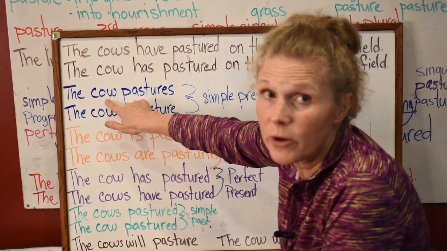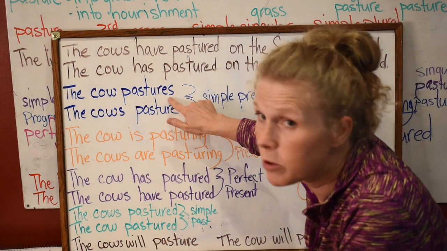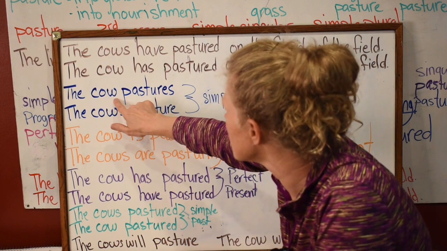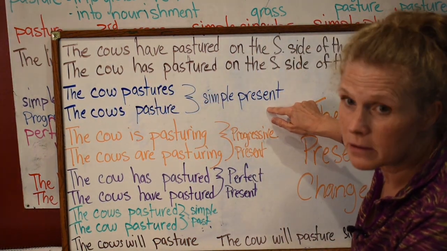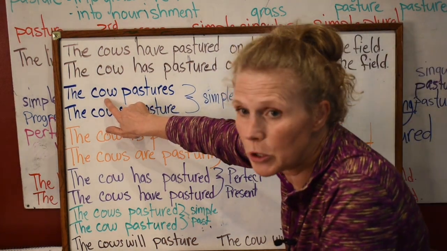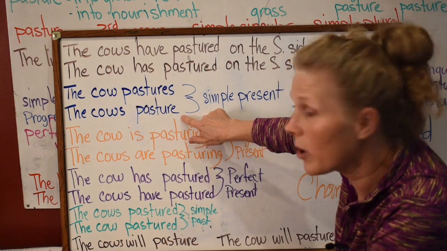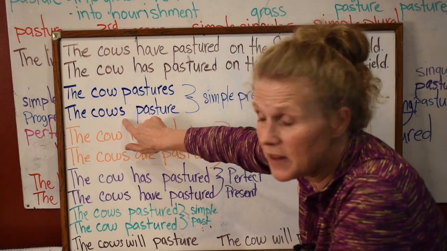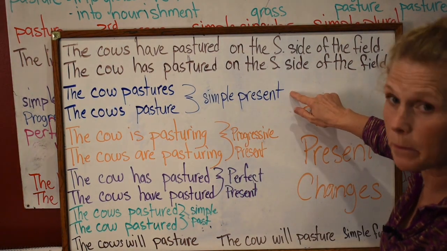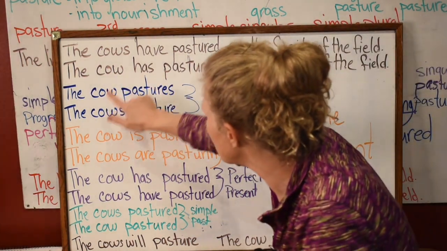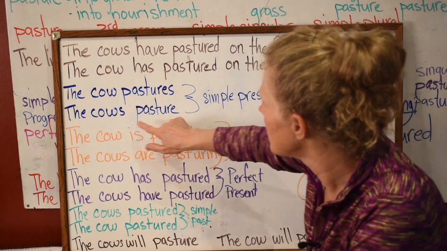We have singular to singular, and it looks like the plural s, but it's singular, because this is in the simple present, and it's sitting in third person. The cows pasture. Look where the S is. There's an S on here, but there's not an S here. It's because it's sitting in the simple present. Simple present is where you're going to find the change.